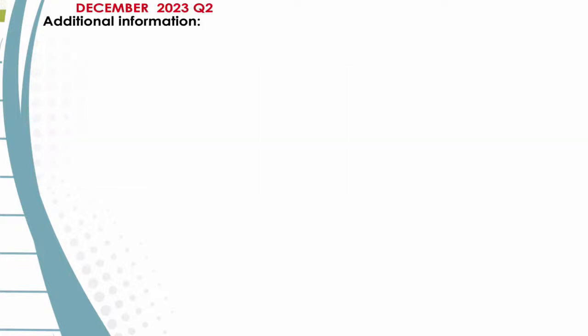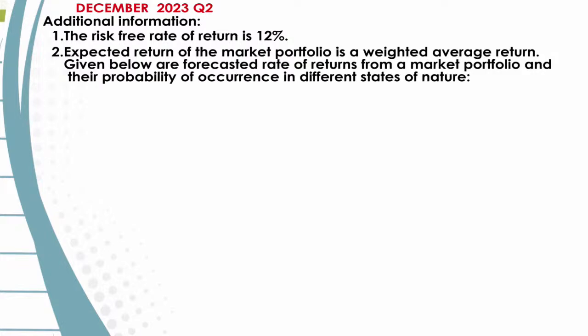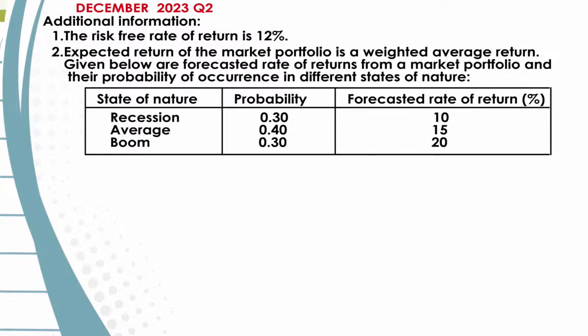Additional information: number 1, the risk-free rate of return is 12%. Number 2, expected return of the market portfolio is a weighted average return. Given below are forecasted rate of returns from a market portfolio and their probability of occurrence in different states of nature. So we have the state of nature known as recession, average, and boom.